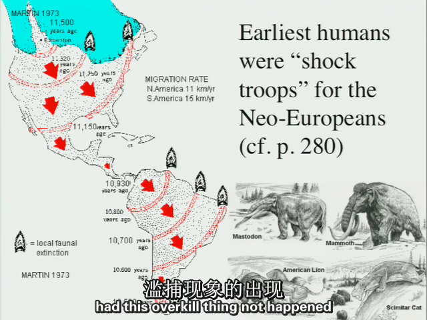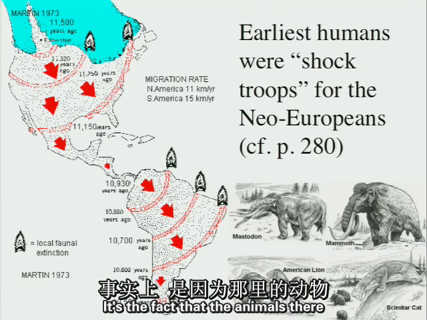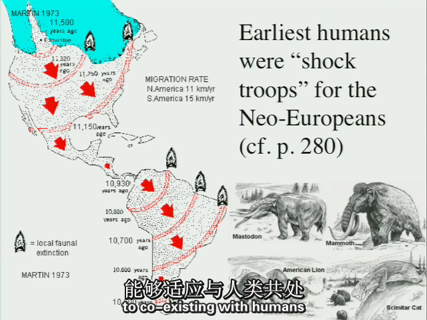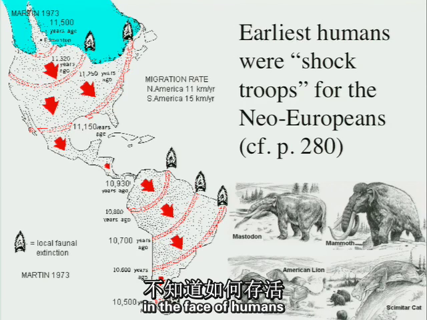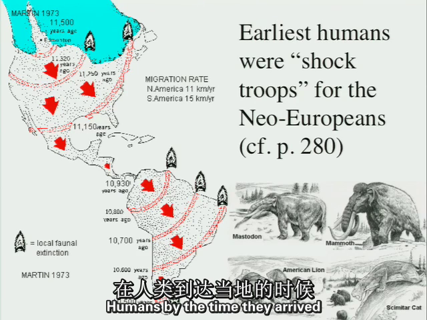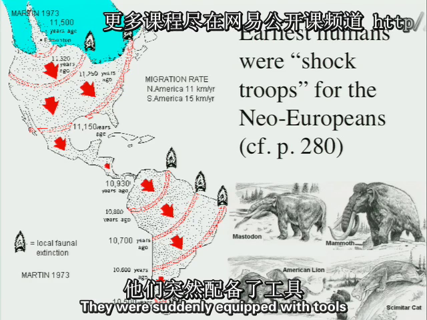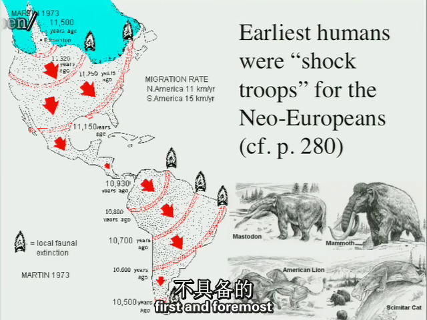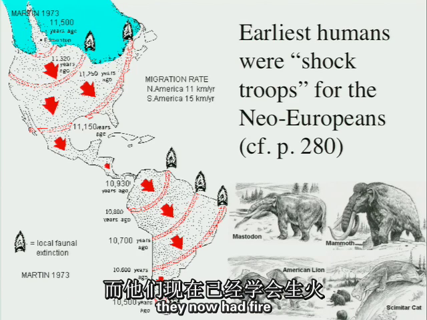And the argument here is simply that had this overkill thing not happened, which is not anybody's fault, right? It's the fact that the animals there were not evolutionarily adapted to coexisting with humans. They hadn't co-evolved with humans. They didn't know how to persist in the face of humans. Humans, by the time they arrived, were a different kind of being from what they had been 100,000 years ago, right? They were suddenly equipped with tools that they hadn't had before, first and foremost. You look back, 500,000 years ago, they now had fire.